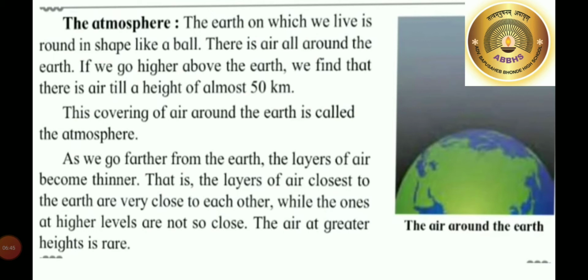This covering of air around the earth is called the atmosphere. As we go farther from the earth, the layers of air become thinner. That is, the layers of air closest to the earth are very close to each other, while the ones at higher levels are not so close. The air at greater heights is rarer.